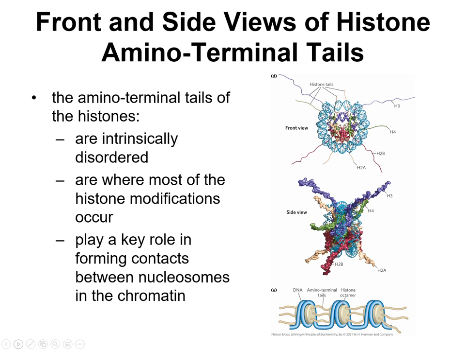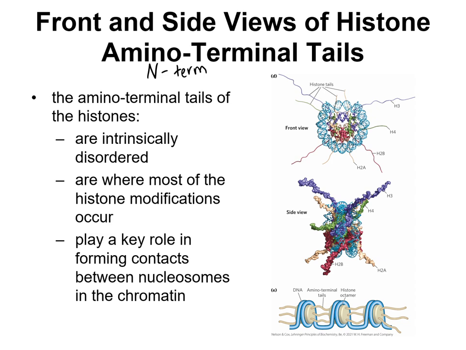Now, something else very special about these histones is that they have these extended amino terminal tails. So remember, that's the N terminus, the very beginning. They're intrinsically disordered, which means that they don't really have a structure. They're just kind of floating out there. This is where histone modifications occur.